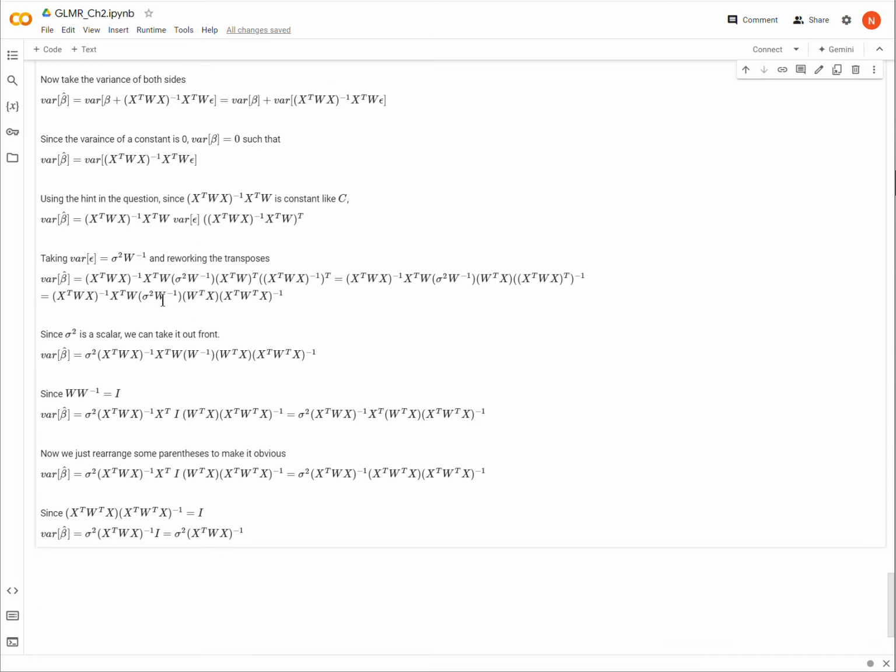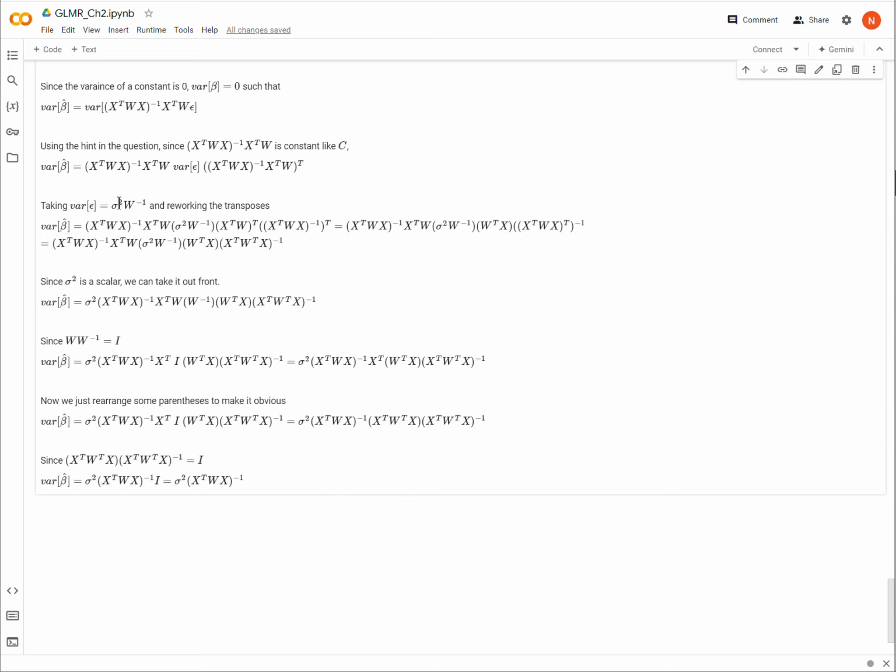All right. So now the variance of epsilon is given by a scalar, sigma squared, times the covariance matrix, which is the inverse of our weighting matrix W. So now I can substitute that term in everywhere where I had variance of epsilon.